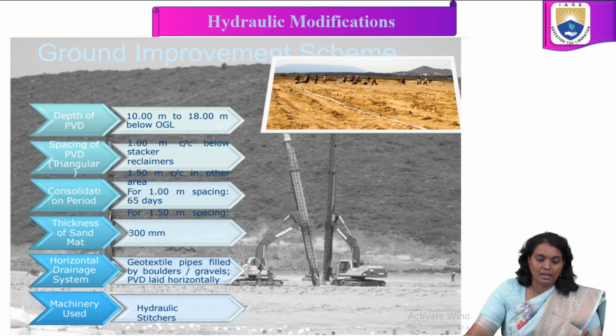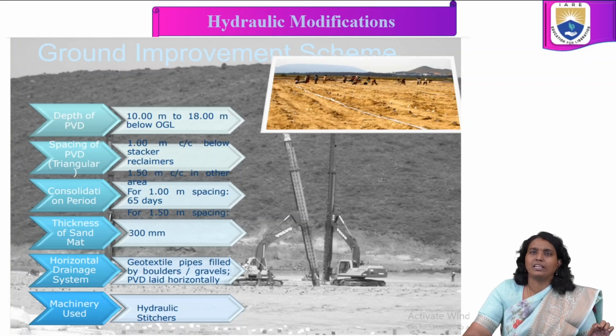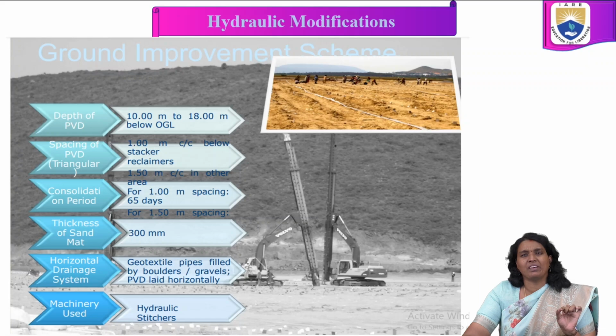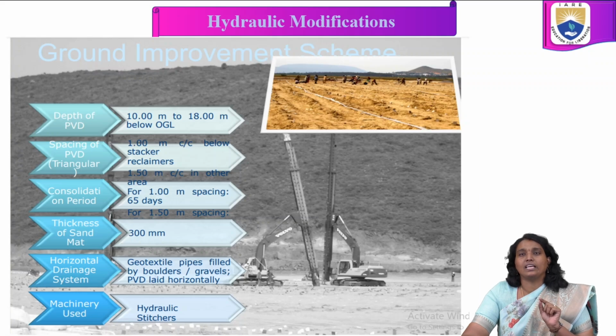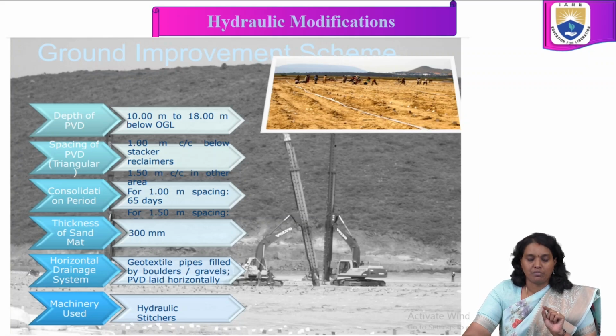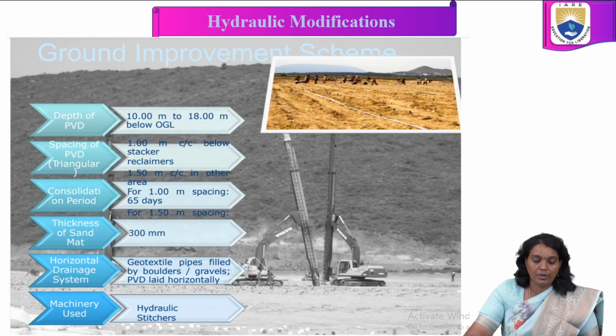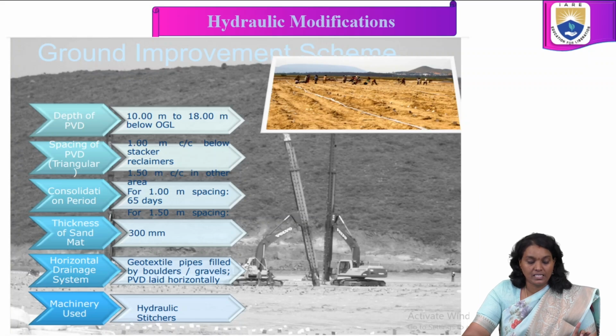The first one is the depth of PVD, 10 meters to 180 meters below OGL. The spacing of the PVD depends upon the shape. For the triangular pattern, 1 meter center to center below the stacker reclaimers and 1.0 meter center to center for others. Coming to the consolidation period, 65 days for 1 meter spacing.